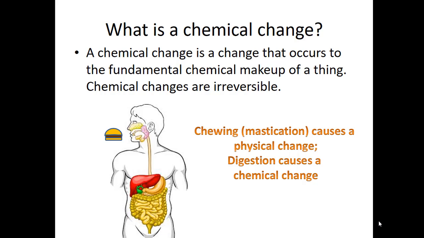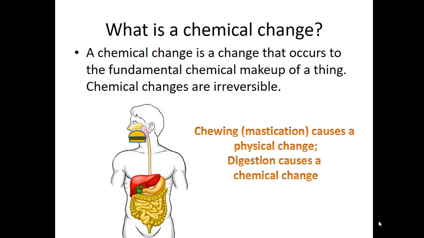So again, you saw the sandwich, the kid eating the sandwich, that kid was enjoying that sandwich, and the sandwich was physically changed by being chewed up. But then when that sandwich went down into the belly, then it becomes chemically changed because the chemicals in the body start working on it. So here's another example.